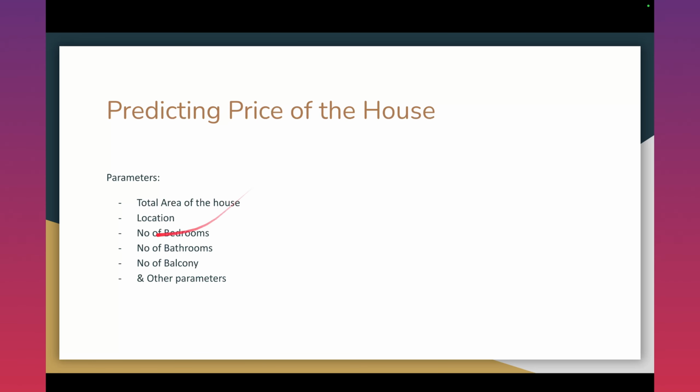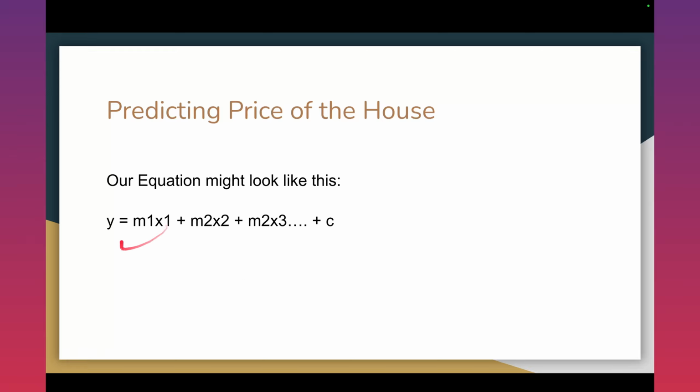In that case, your parameters can be many: total area of the house, location, number of bedrooms, number of bathrooms, number of balconies, and other parameters. And in order to capture all of these, your equation might look like this: y equals m1 x1 plus m2 x2 plus m3 x3 and so on plus c, where m1, m2, m3 and c are all parameters of this equation.